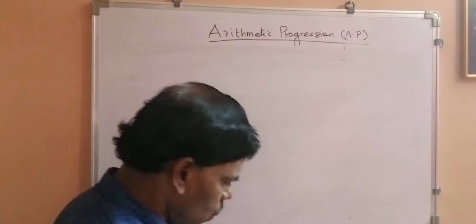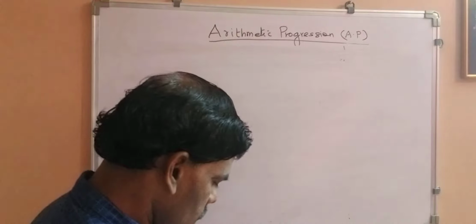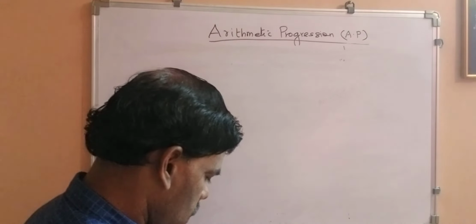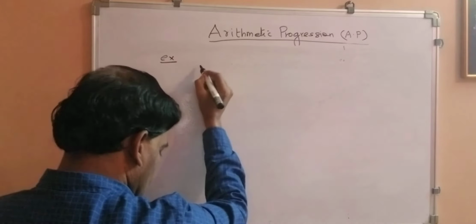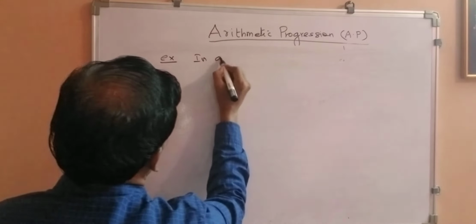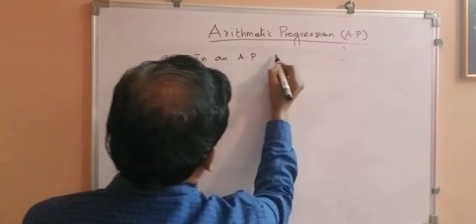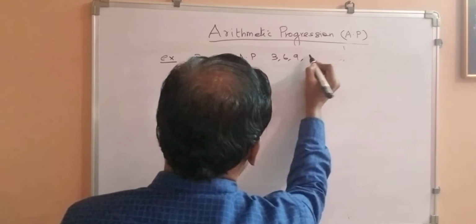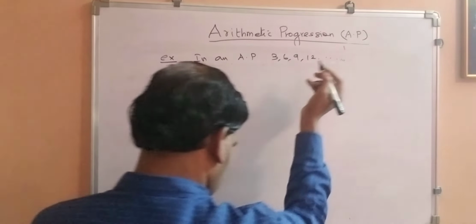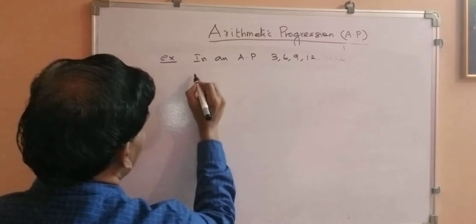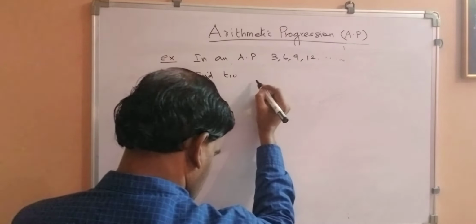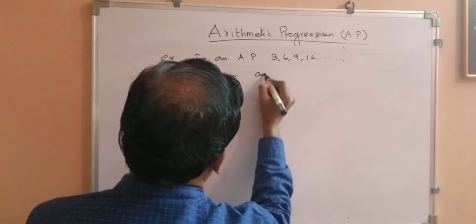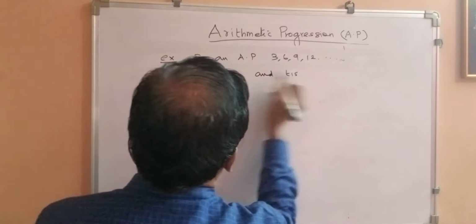Now, another one I will tell you. We will solve one example also. In an AP, 3, 6, 9, 12, etc. Find T10 and T15.